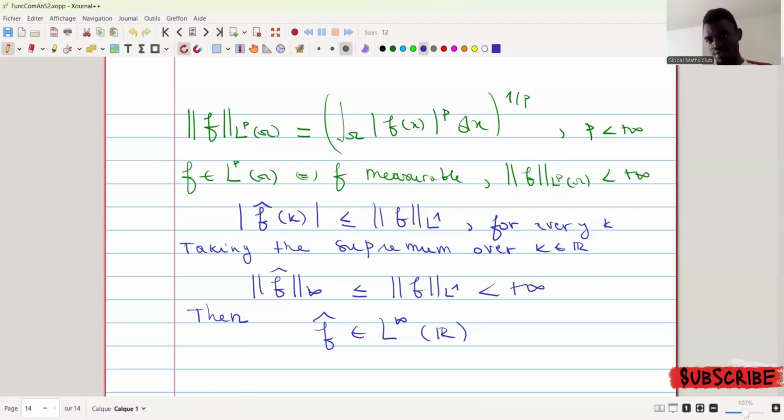This norm is finite because in the hypothesis it was mentioned that f is L1. So f is L1, that is why this one is finite.